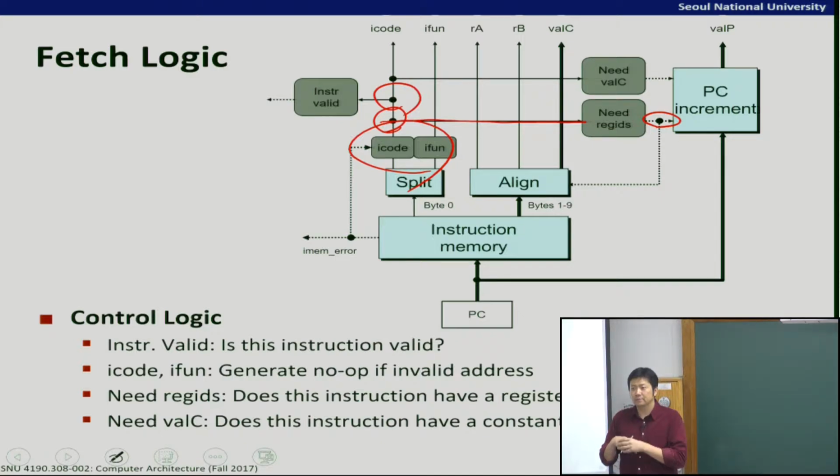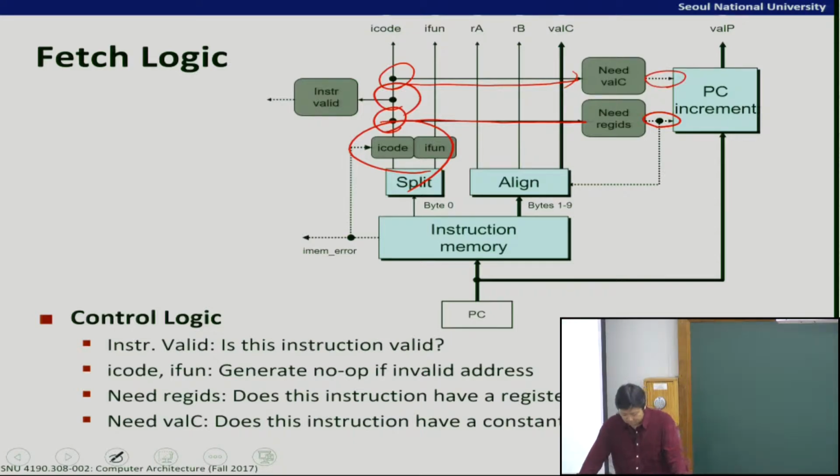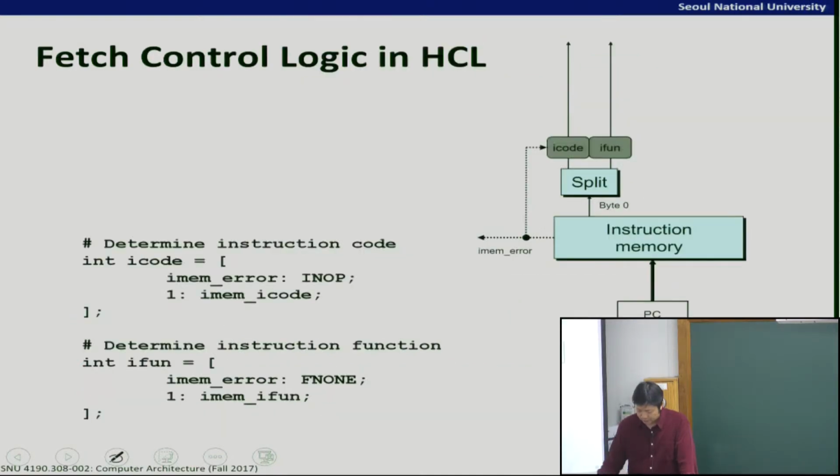Okay, and this need valC also takes ICode as input and generates a 1-bit signal, which specifies whether this instruction has a constant word or not. Okay, so let's see how this is actually written in HCL. Let's think about this part, ICode, and how these two blocks of control logic are written.